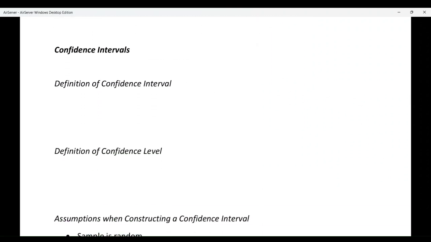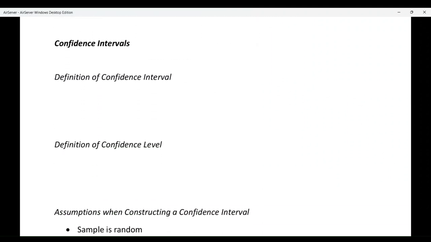Let's start off by just formalizing the definition for a confidence interval. As I mentioned before, a confidence interval is a range of values. Specifically, to find that range of values, I'm going to give you a generic formula, and we're going to obviously get more in depth with this later.